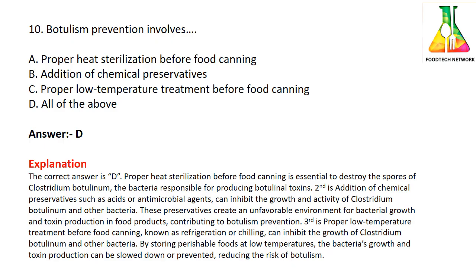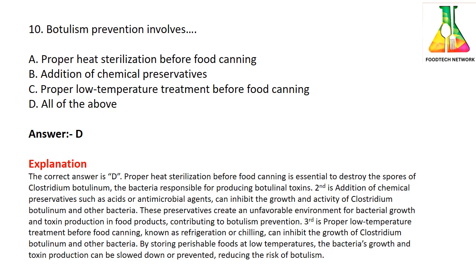Second is addition of chemical preservatives such as acids or antimicrobial agents which can inhibit the growth and activity of Clostridium botulinum and other bacteria. And this preservative creates an unfavorable environment for bacterial growth and toxin production in food products, contributing to botulism prevention.